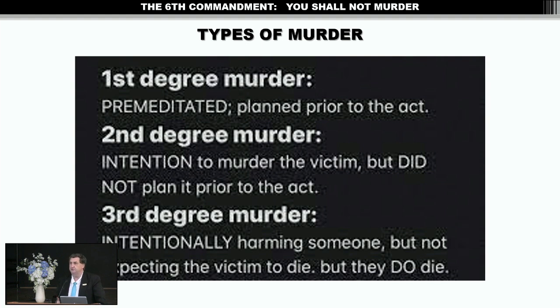This is often referred to as a crime of passion. Third degree murder is where someone intentionally harms someone without the intent to kill them, but that person ends up dying anyway. The term third degree murder is sometimes used for deaths caused by reckless and negligent behaviour without the intent to kill, though that is more a case of manslaughter.